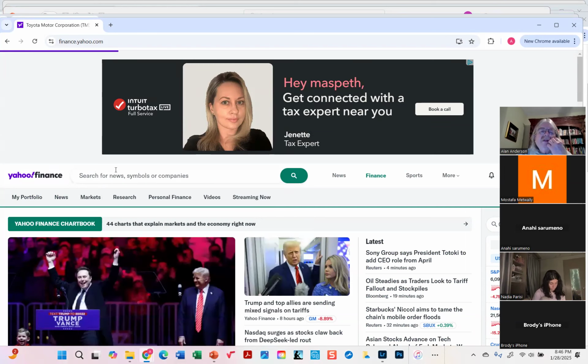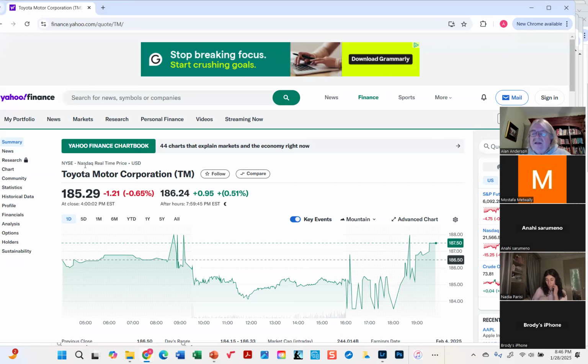What other option is there? Well, most major foreign corporations issue some of their stocks in the United States. So Toyota here is listed as being on the NASDAQ. What's going on here? Well, when a foreign company issues stocks in the United States, they take a special form called an ADR, American Depository Receipt.